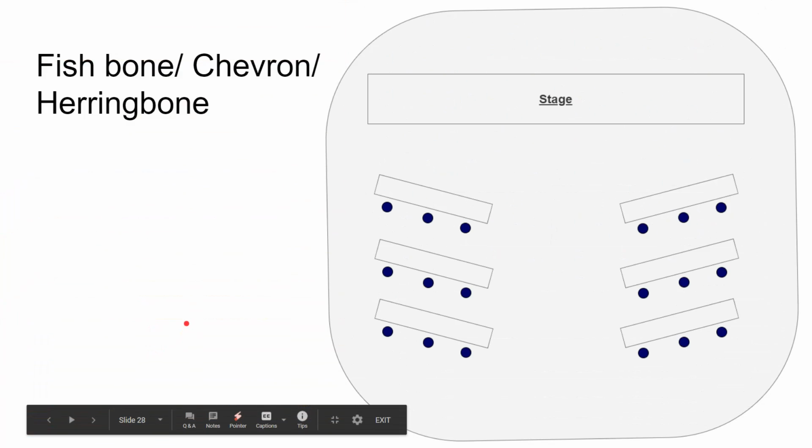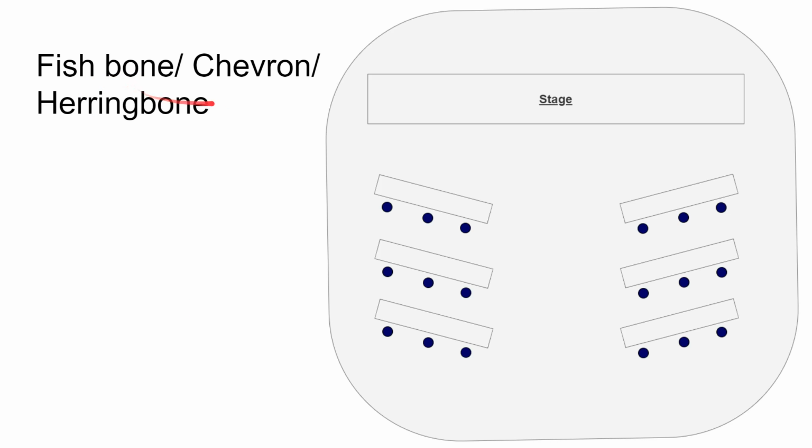Yet another method of seating arrangement is fishbone. It is also called chevron or herringbone. It all means the same. This is a modification of the classroom style of arrangement. Here, the table and chair is kept at a slight angle.